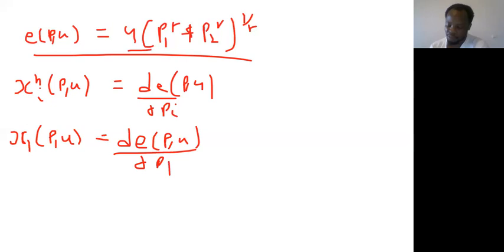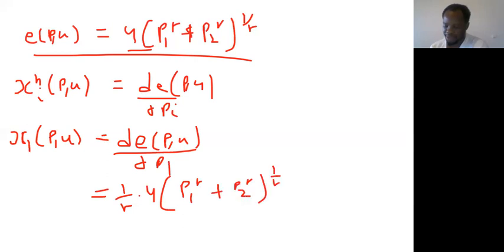Now when I do that, this is the expenditure function. So if I differentiate, I'm going to have 1 over r multiplied by U into bracket (P1^r + P2^r)^(1/r minus 1), then multiply by the derivative of this one here, which gives me r P1^(r minus 1), right?